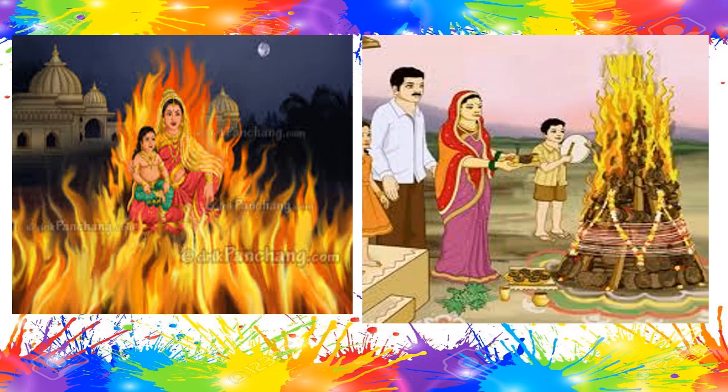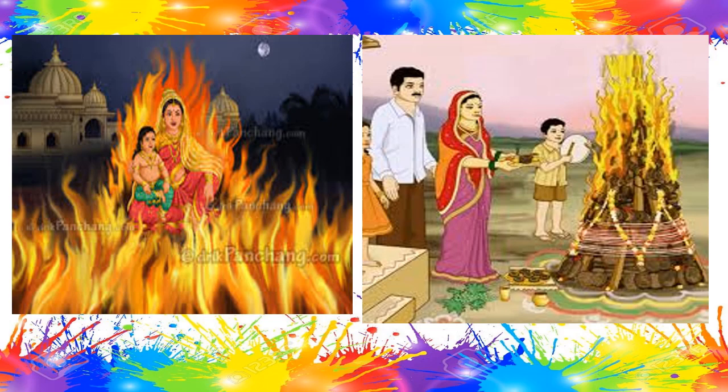In the next picture, children, we can see a family performing the puja. Here we find the little boy playing the musical instrument and singing, whereas the mother does the puja. Now what are they doing?